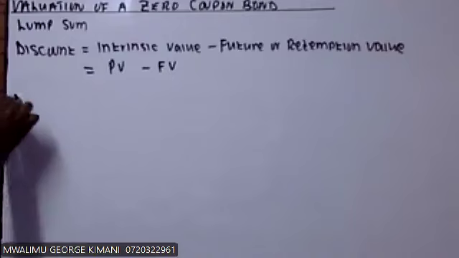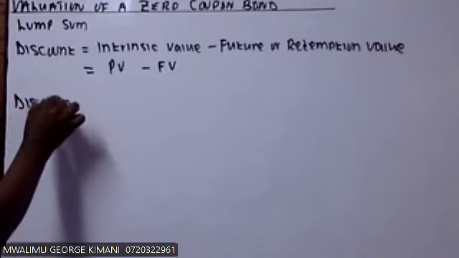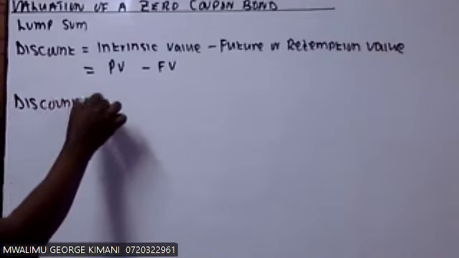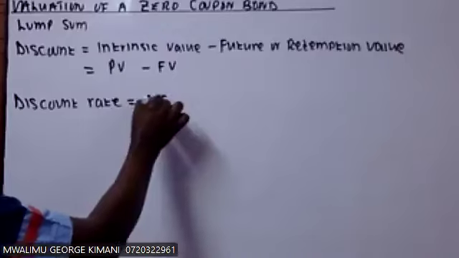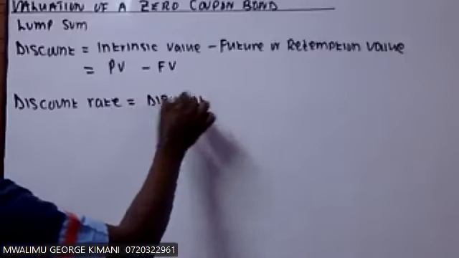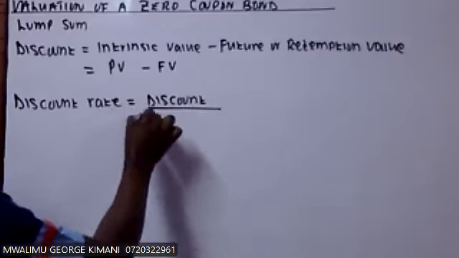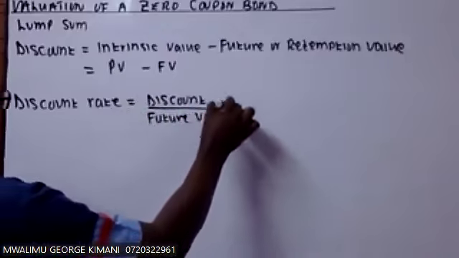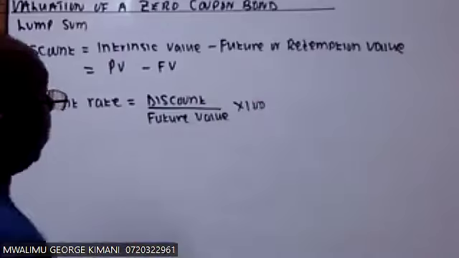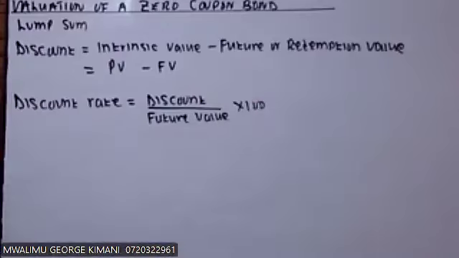And then discount rate, if you are told to compute discount rate, is equal to the discount, you divide by the future value, times 100.